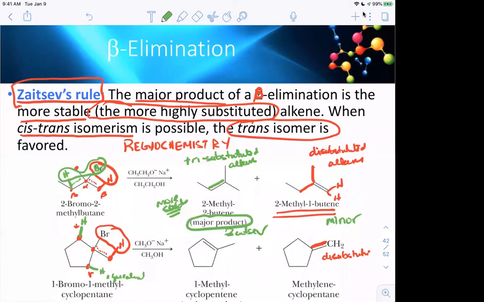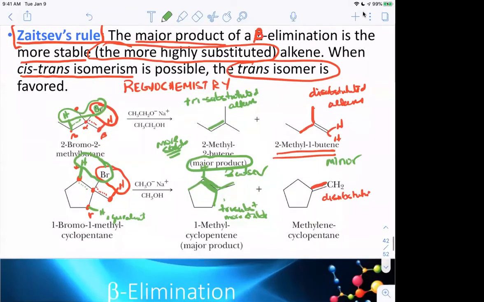They give me the same product. So I'm just going to look at this side, and that's going to be this double bond that forms. This is going to be 1, 2, 3 alkyl groups, 1 hydrogen. So this is tri-substituted, which is more stable, the more substituted alkene. So this is going to be the major product. And this would be the minor product.